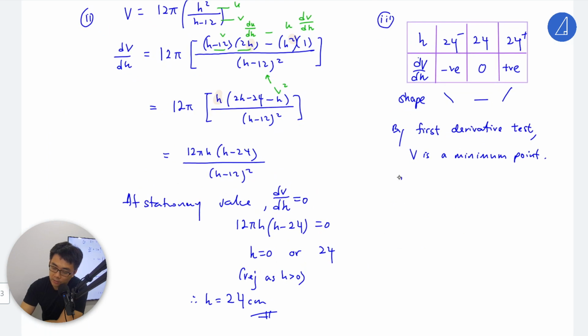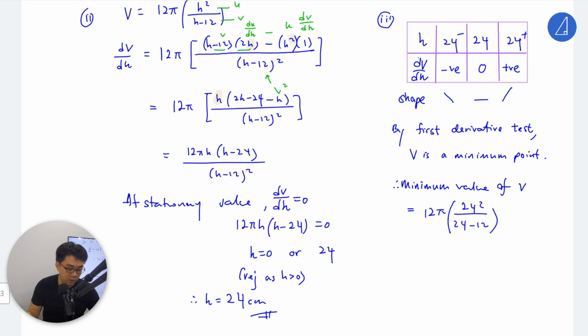So stationary value will be, hence, minimum value of V. They want you to find the value lah. So 12 pi. I'm just going to put it in exact form.